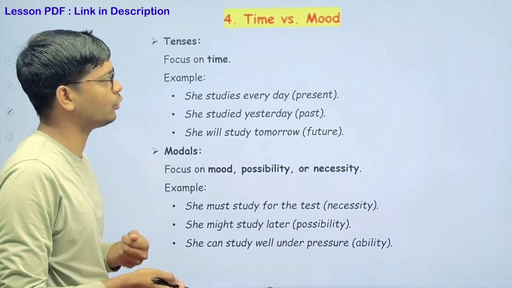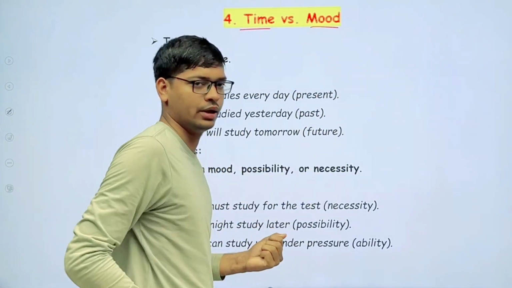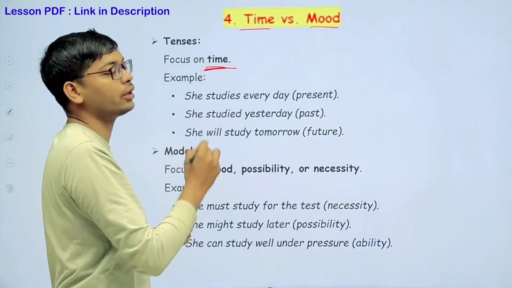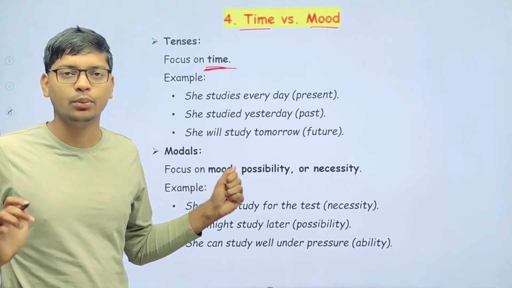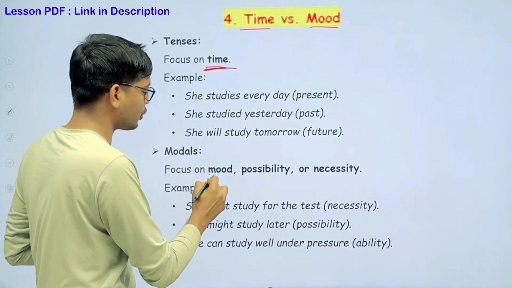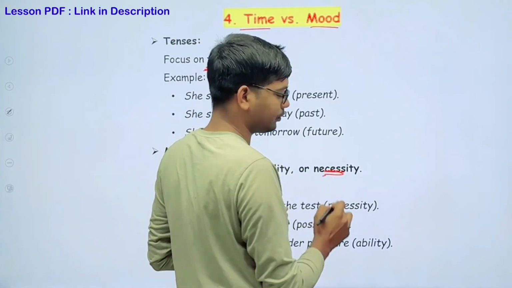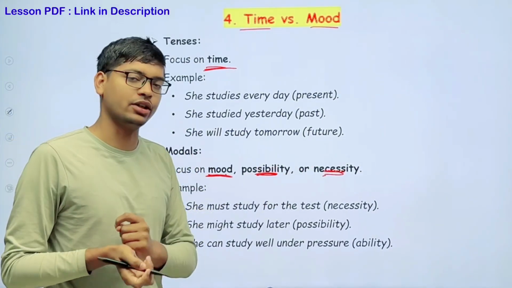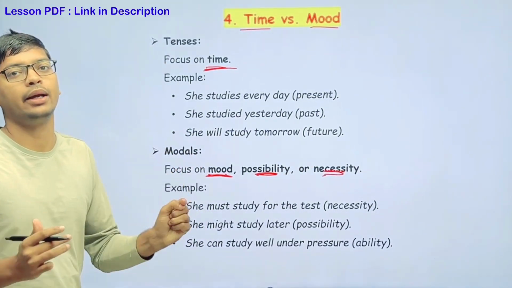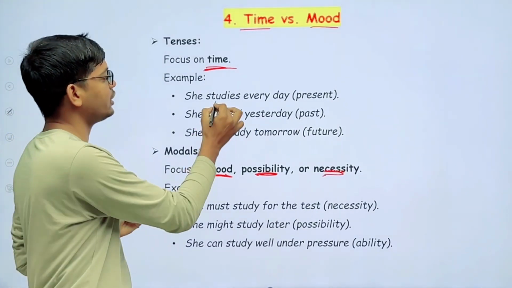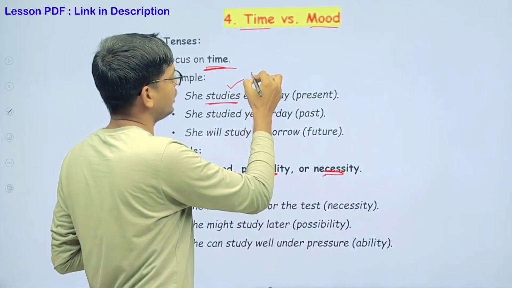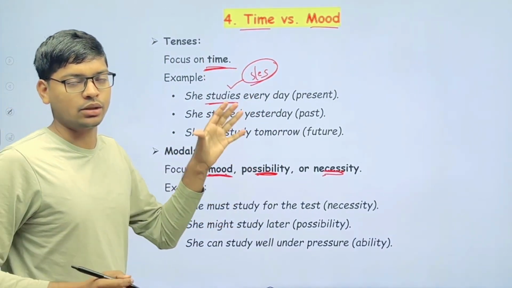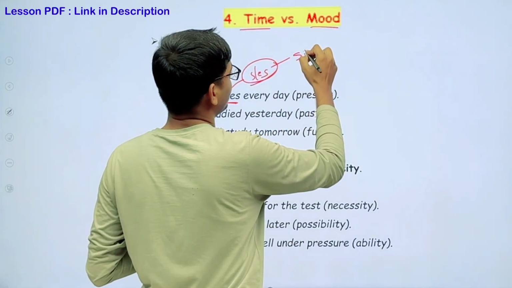Our next point is time versus mood. Tenses focus on time, but modals focus on mood, possibility, or necessity. For example, she studies, with the s, is the symbol of simple present tense.